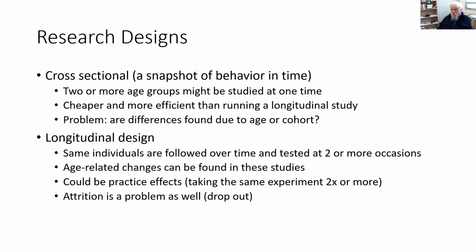All right, we can find age-related changes in those studies because you're looking at the same individuals, right? 1, 2, and 3 points in time or whatever it may be. And then you can see what happens when people become older, okay? Does their behavior change? And these are the same individuals, okay?